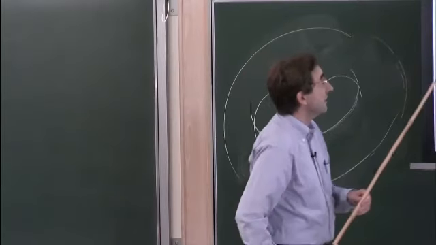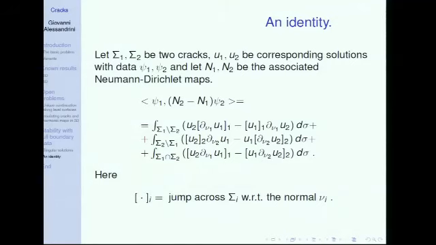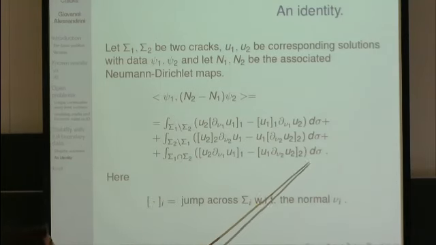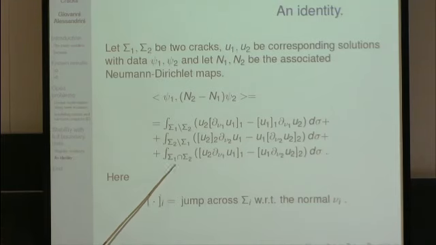What is the result? Well, in the end, on the right-hand side, we get integrals on the portions of either one of the two cracks minus the other, or the common portion integrated with respect to two-dimensional surface measure in case this common portion has a positive two-dimensional measure. Otherwise, this third term cancels.